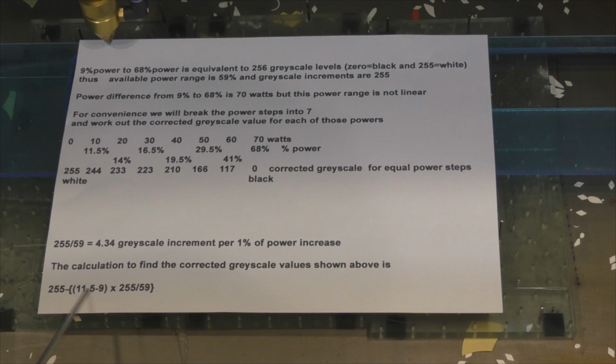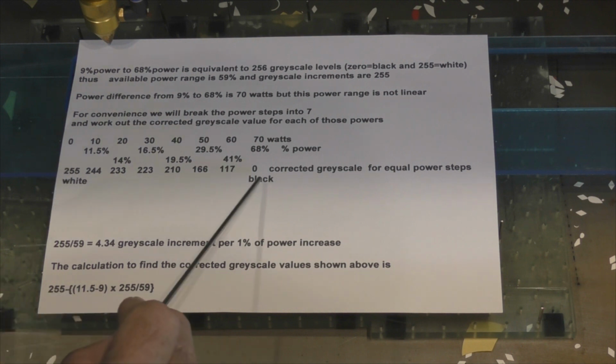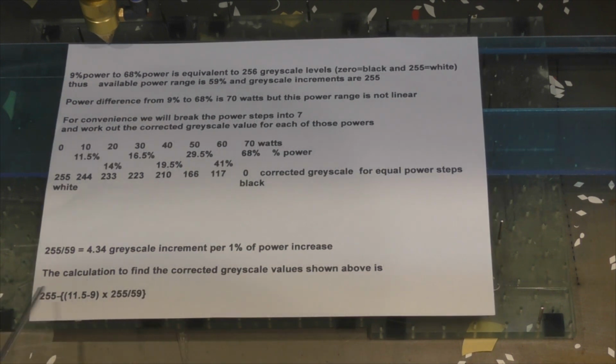And so consequently that 2.5% multiplied by the grayscale increment tells me how far up the scale I'm going to go. But the problem is I'm not working from black to white, I'm working from white, which is 255, to black. So whatever that number is has got to be subtracted from 255. And in fact that gives me an answer of 244.